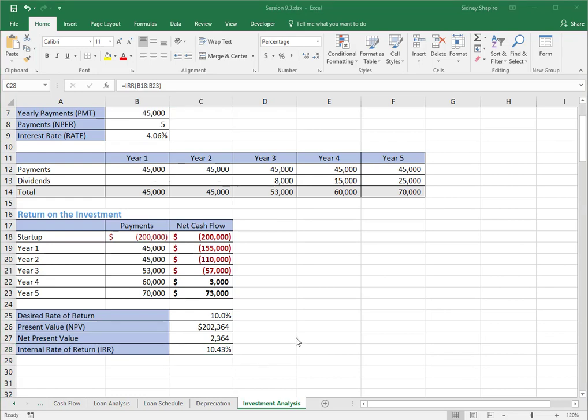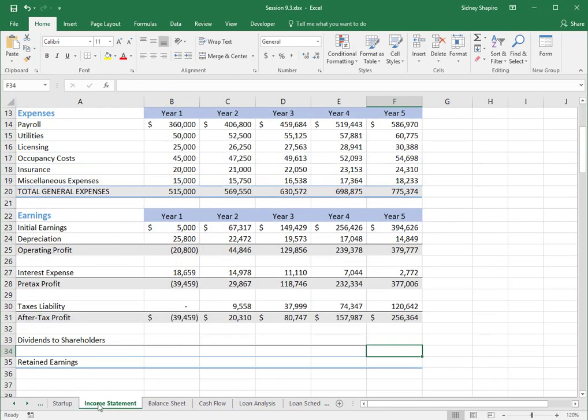Okay, so the next one that we'll do is on the bottom of page 578. Take a look at exploring XNPV and XIRR to take a look at cash flows with unevenly spaced payments. Let's take a look at income statement. Here we go. And we'll go to B33.